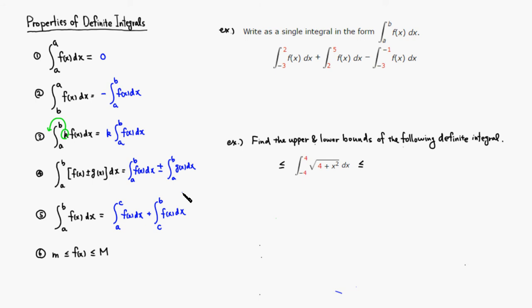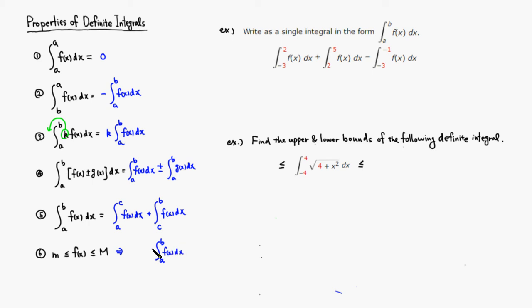And property 6: if a function is always bounded below by lowercase m and bounded above by uppercase M, then we can bound the integral from a to b of f of x.